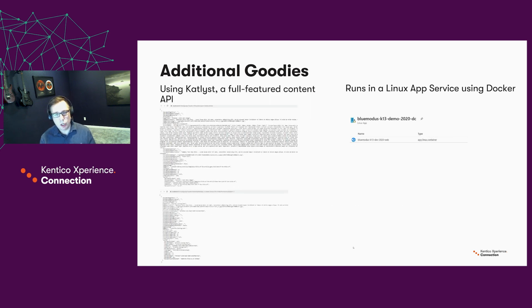A couple of additional goodies that I just wanted to point out. First, because we have Catalyst, we actually have a full featured content API automatically. You can see the URL here where it's going to edge/API, and then you say system.type, Chester's.article, and you get the content. That's really exciting because we actually follow the same pattern, the REST pattern that Kentico content does.